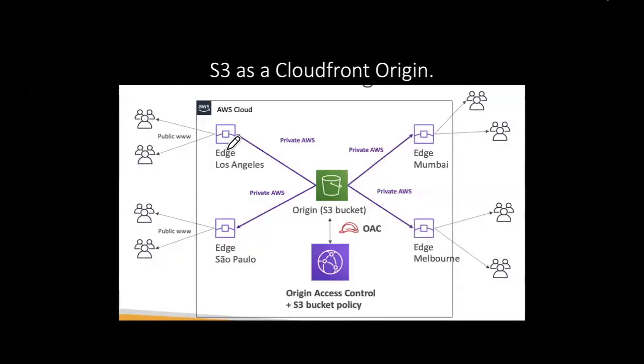Again, is there anything new here? Well, the only thing new in this visualization is the role of the origin access identity, or what's now called the origin access control. That's the security side of things. As I already said, it's only this identity, or let's put it this way, whoever can acquire this identity will have the rights to read from the bucket and potentially write to it as well.